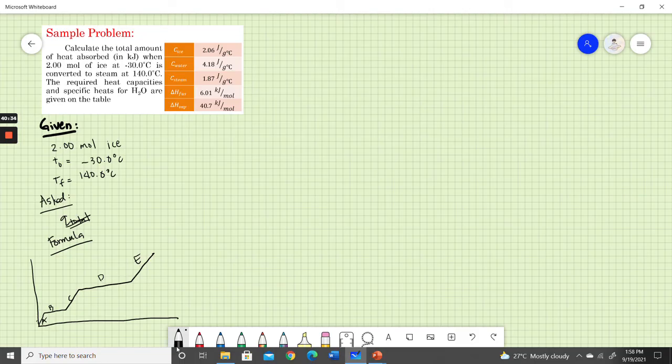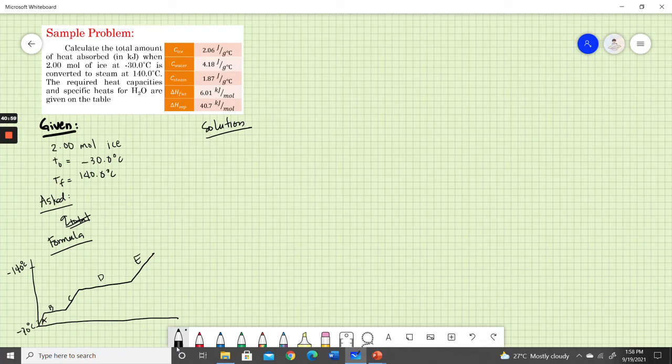So for A, let's go to our solution. The initial temperature here is negative 30 degrees Celsius, and the final temperature is 140 degrees Celsius. So we have to solve for all this section right here to get the total heat.